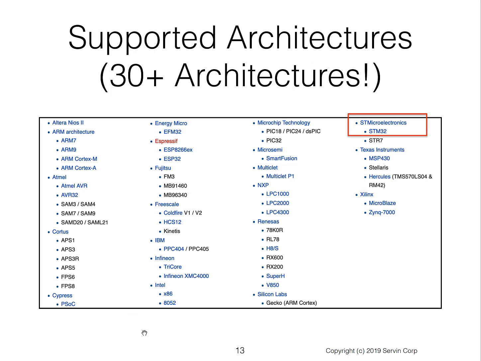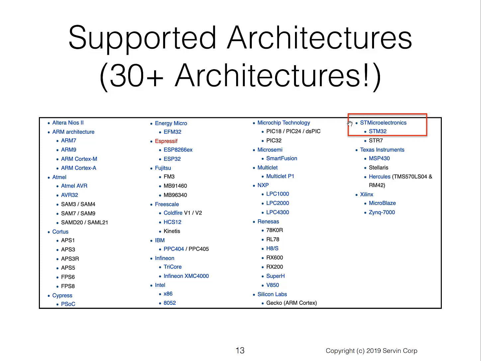As far as architectures supported, wow, I mean, look at this. This pretty much says why it's the market leader. There are over 30 architectures supported. I mean, pretty much everybody who makes a microprocessor is on here. We look at Atmel and Cypress and IBM and Intel and Microchip and NXP, just tons of them.